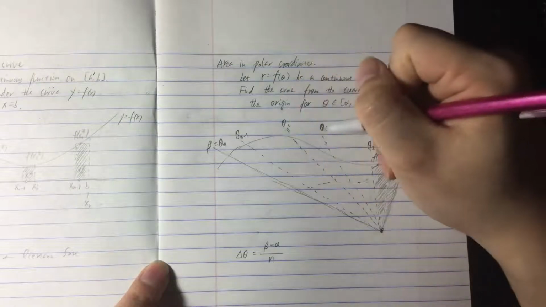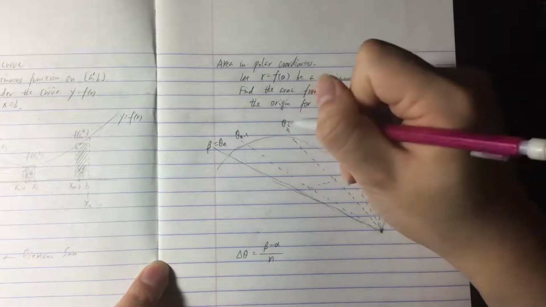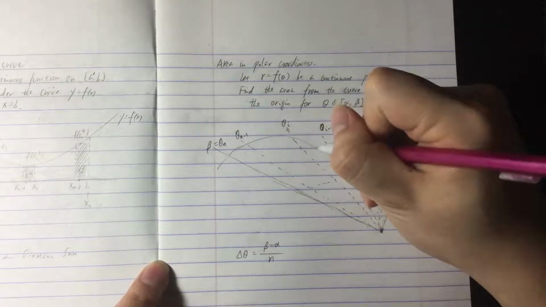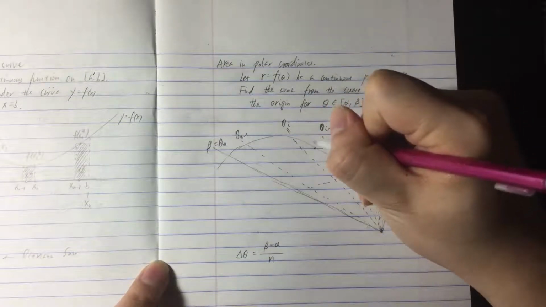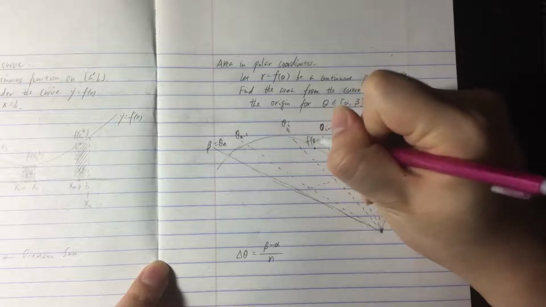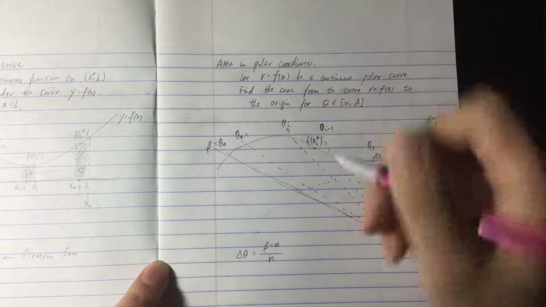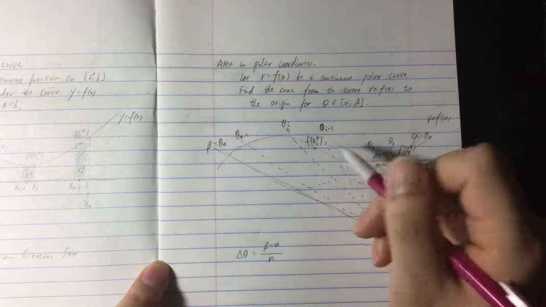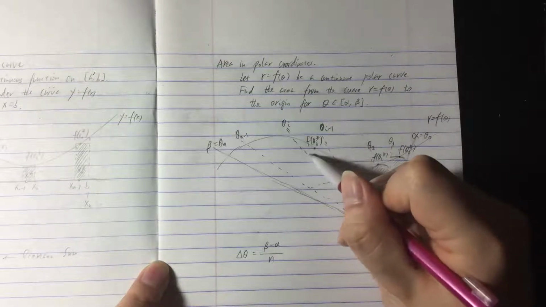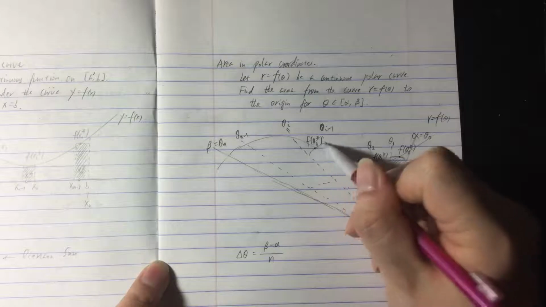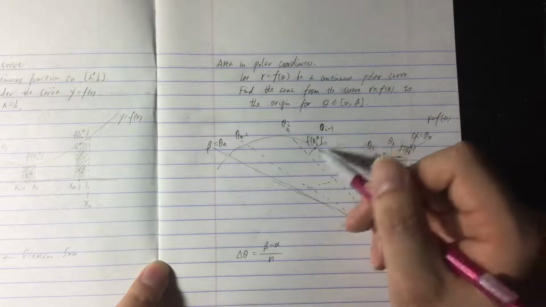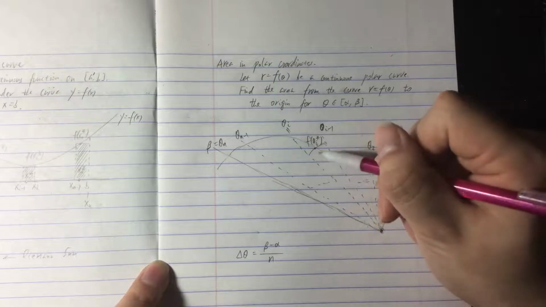And here, between theta i minus 1 and theta i, I pick a sample point called theta i star. The point on the curve is f of theta i star. Now I use this point to draw a circular sector to approximate the area of this region.